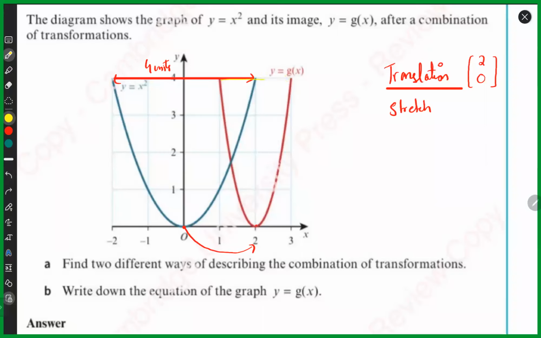This one right here, this is just 2 units. Okay, so what do you understand by this? This was 4 units. This is 2 units. It means that the stretch factor was... yes, 0.5.